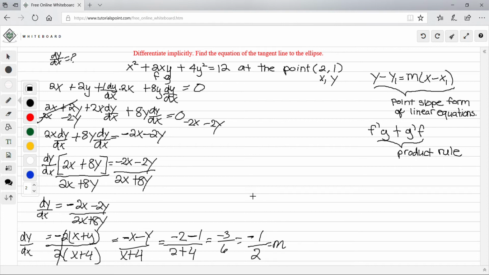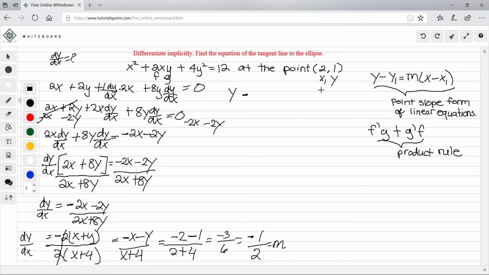We need to put it in the point-slope form, so I think we have everything now. We just have to plug it in. I'll put it down here. y minus y1. Our y1 is the same thing as our point.